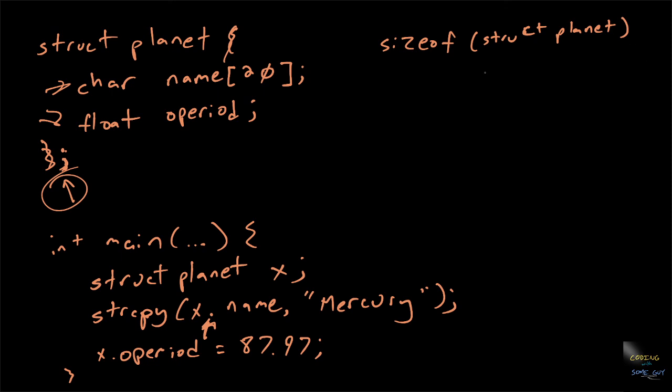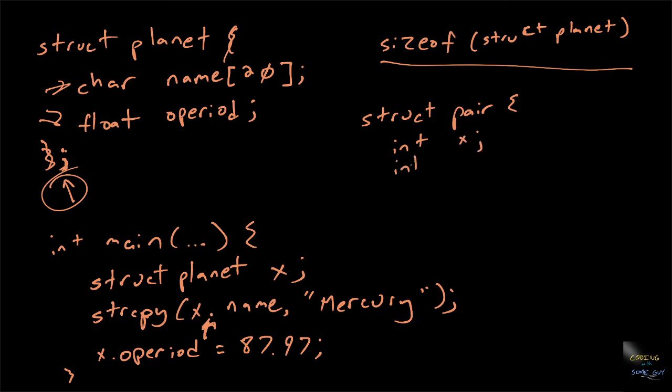And the thing I'm going to discover when I do that is occasionally the size is not going to be what I think. Say, for example, I make a coordinate pair. So let's say I make a struct pair, and it's going to be int x and int y. I'll just write them out as separate lines for clarity. How big do you think this would be?